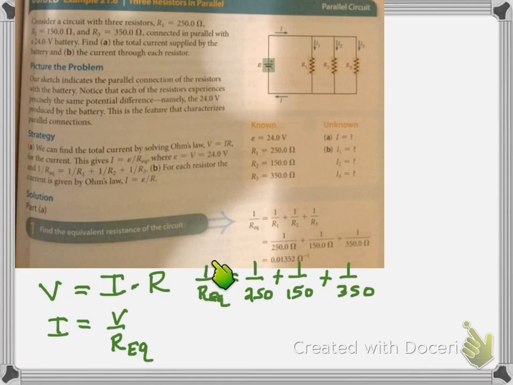I don't want to know what 1 over the equivalent resistor is. I want to know what the equivalent resistor is. So I will type these 3 in the calculator and get a number for that, which gives us 0.01352 when you add these up. So now to get the equivalent resistor by itself, I would multiply both sides times Req.